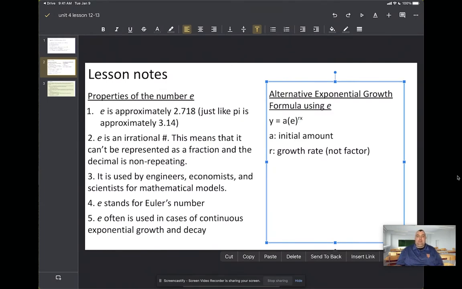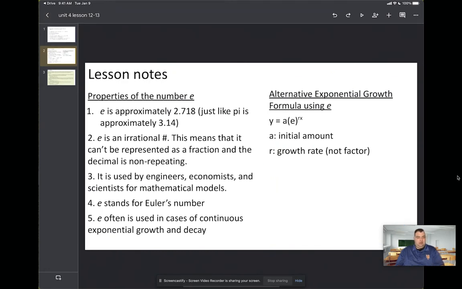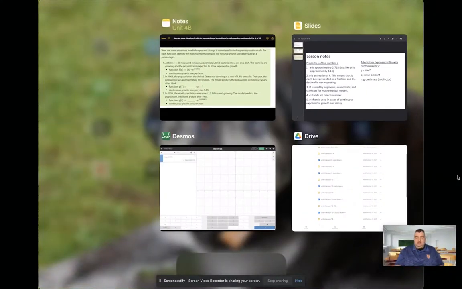Remember, if something is going up, say, by 2% each time, the growth rate is 0.02, but the growth factor is 1.02. So there's a difference between the growth rate and the growth factor. And it works the same with exponential decay. All right, so with that in mind, we are going to take a look at the examples for this lesson.